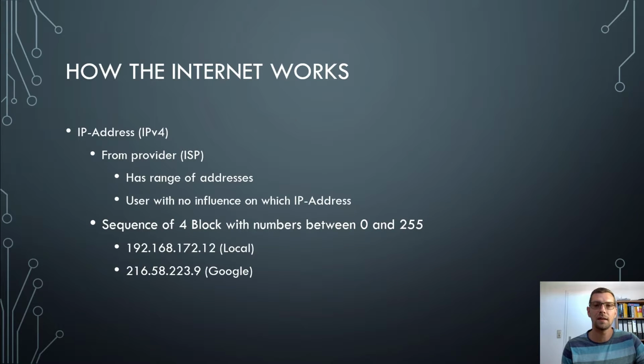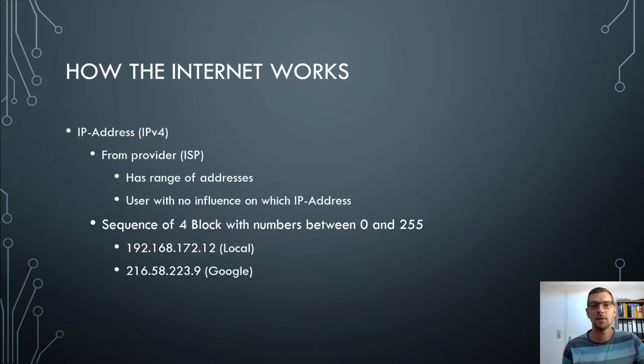I have to say that every provider has a certain range of addresses it can hand out to each individual person, to each individual router in this case. So we receive an IPv4 address from our provider. It is also called an internet service provider, which has a range of addresses.